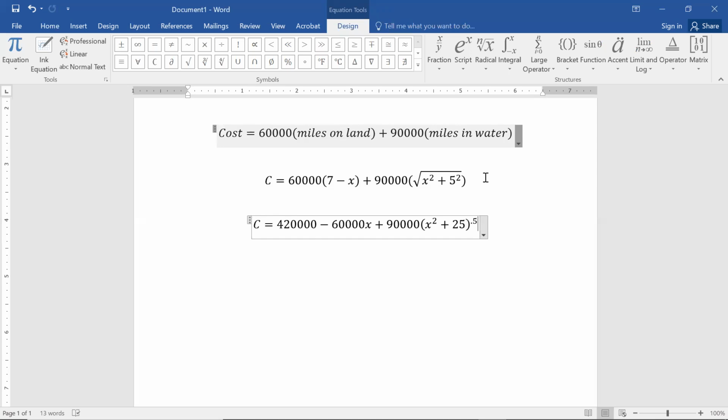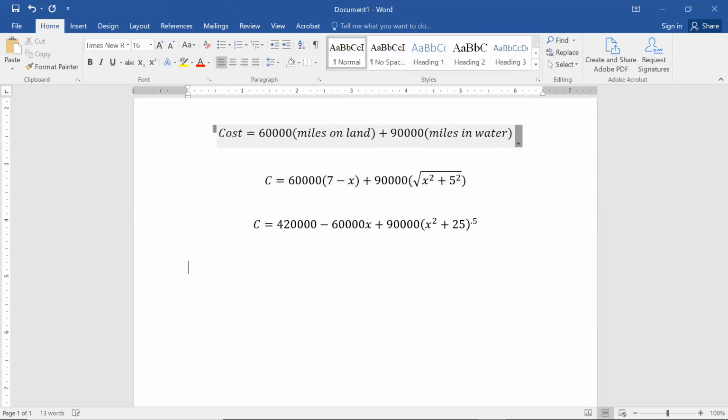We use exponents instead of square roots because it's easier to take derivatives in this form. I multiply the 60,000 through because it's easier to take derivatives in this form.